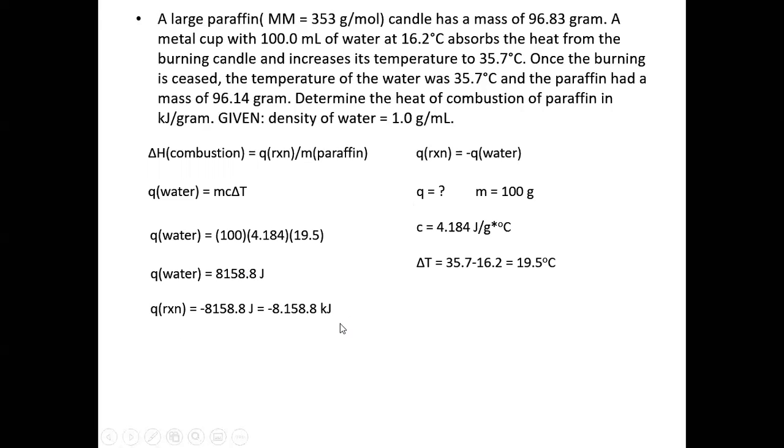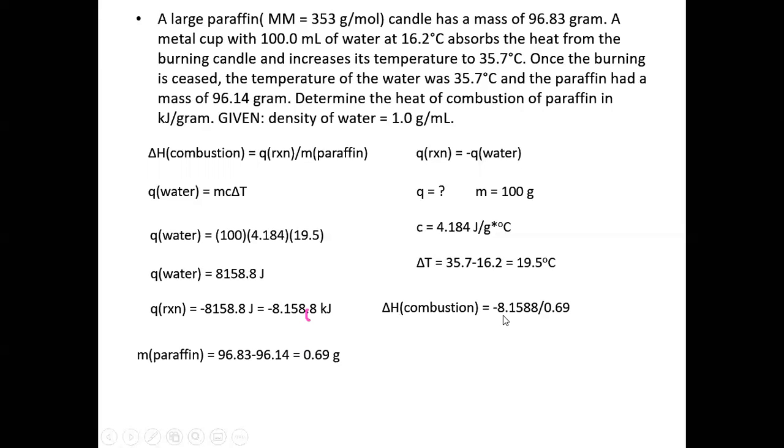So now we have Q of reaction, and again, I went ahead and converted it to kilojoules. There shouldn't be a decimal point here. And now, to find the mass of paraffin, we subtract the final mass from the initial mass. And this tells us how much paraffin was involved in the chemical reaction.